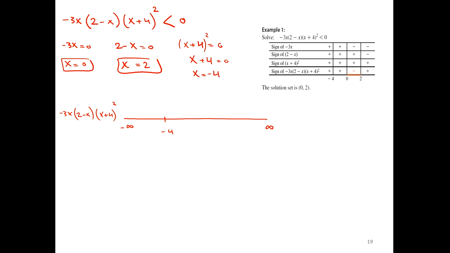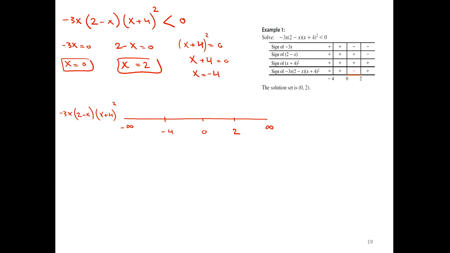We have negative 4, 0, and 2. Into how many regions is the real line divided? We have 4: the first from minus infinity to negative 4, the second from negative 4 to 0, from 0 to 2, and from 2 to infinity. So we have 4 regions.